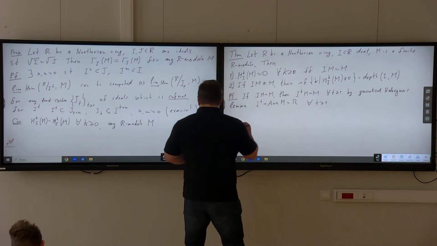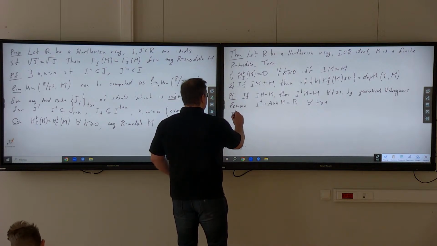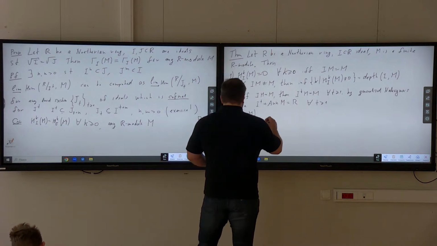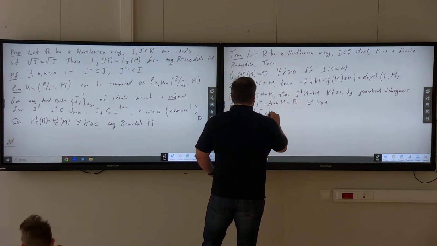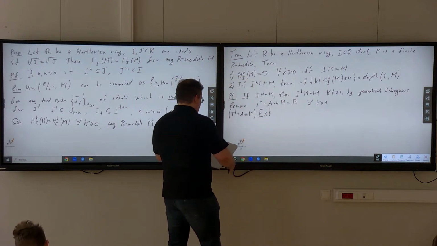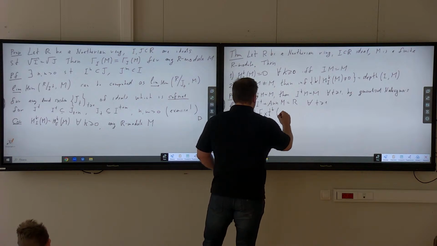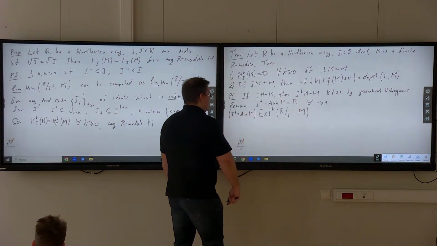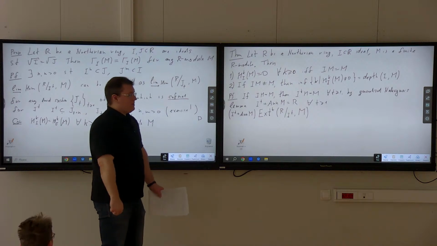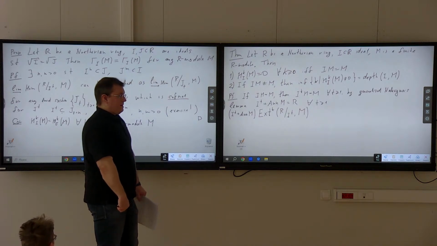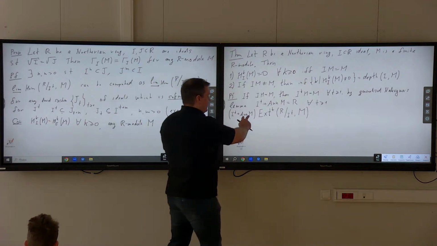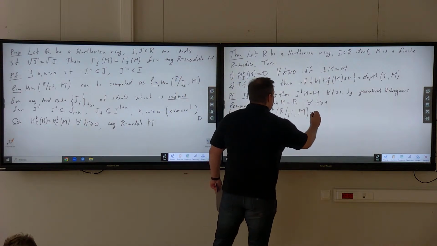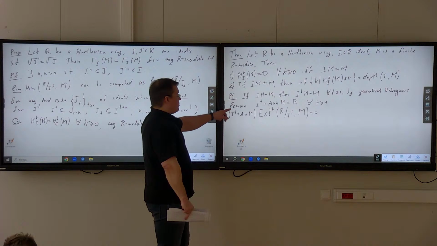Okay, but then I can observe that if I look at the sum of two ideals, I^t plus the annihilator of M, and try to apply an element from the sum of the two ideals to the Ext^k of R modulo I^t and M, what will this thing be? Because the annihilator of M annihilates the second argument and I^t annihilates the first argument, so this is 0. But on the other hand, by the generalized Nakayama's lemma, we know that this is the ring, right?